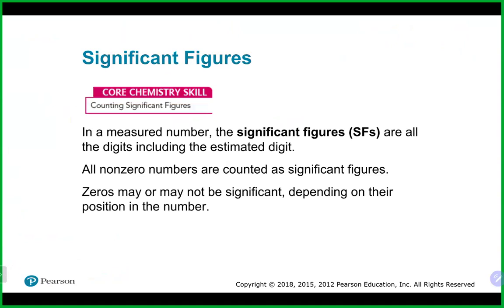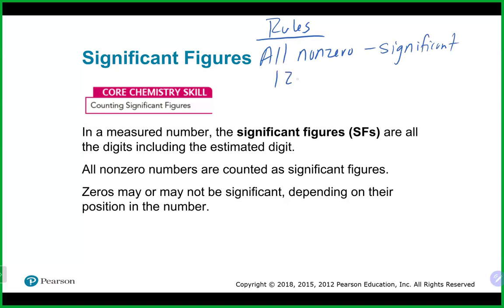So let's talk about how we count significant figures and what really does classify as a significant figure. First off, the rules for significant figures are as follows. All non-zero numbers are significant figures. So if I have 1, 2, 4, 5, how many significant figures does that have?